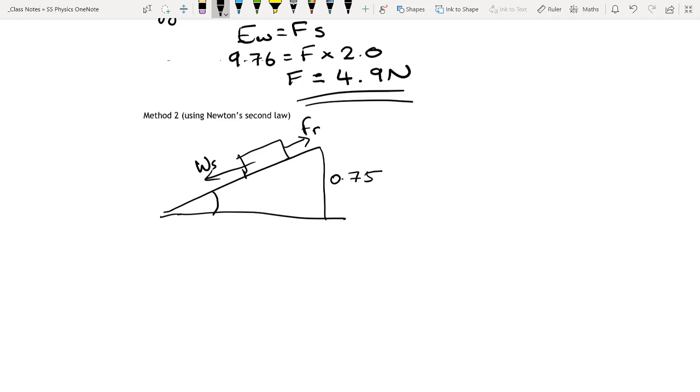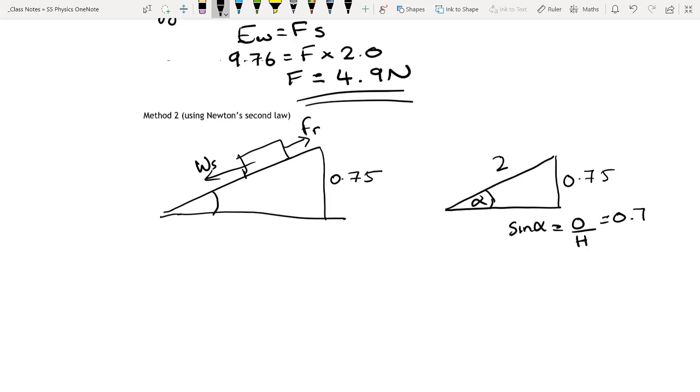We don't know the angle of the slope yet. However, we do know that that is 0.75 and that's 2 meters. So we can work out what that angle is, call it alpha, by using sine alpha is opposite over hypotenuse, so 0.75 over 2.